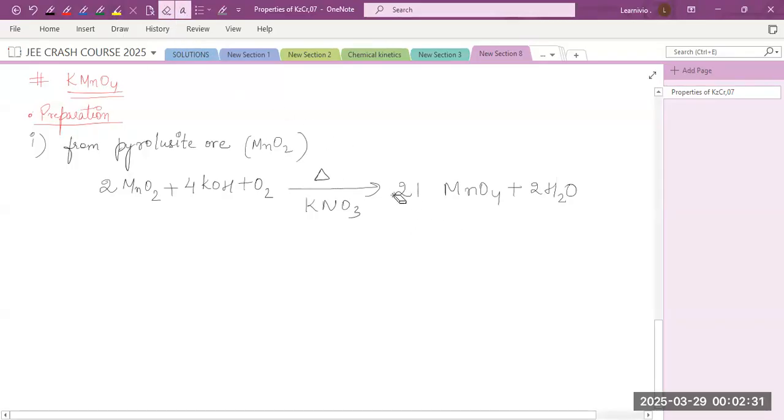Then KMnO4 forms, 2KMnO4 plus water, okay, so this is the potassium carbonate.